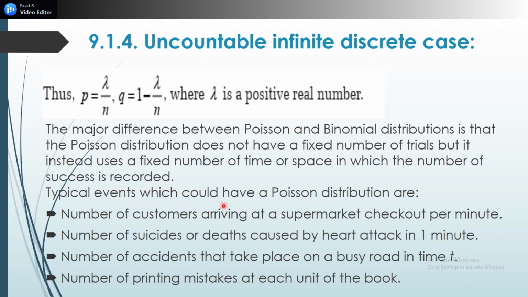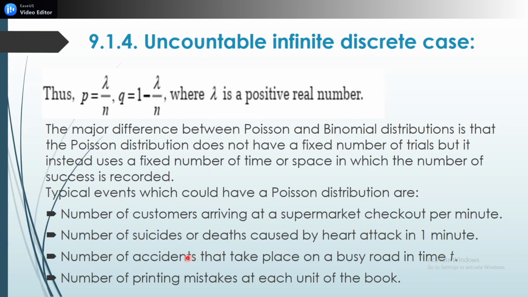Typical events which could have a Poisson distribution are these cases. When we consider the number of customers arriving at a supermarket checkout per minute, we will use the Poisson distribution. The number of suicides or deaths caused by heart attack in one minute, considered per time period, this one also we will consider Poisson distribution.